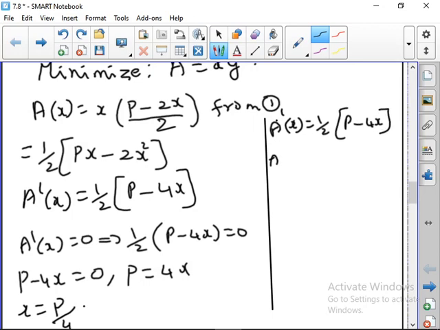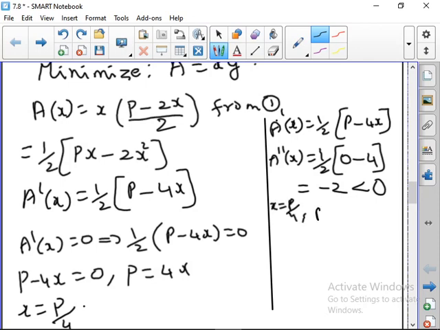So A double dash of x is 1 by 2 into 0 minus 4, which is equal to minus 2, which is less than 0 always. So when x is equal to p by 4, A of x is maximum.